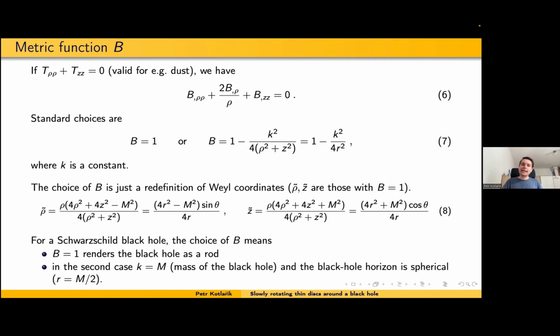Geometrically speaking, for a Schwarzschild black hole, which is also a solution in this class of spacetimes, the choice B equals 1 renders the black hole as a singular rod. Meanwhile, in the second case, if we choose the constant K to be M, the mass of the black hole, then the horizon is spherical in these coordinates.